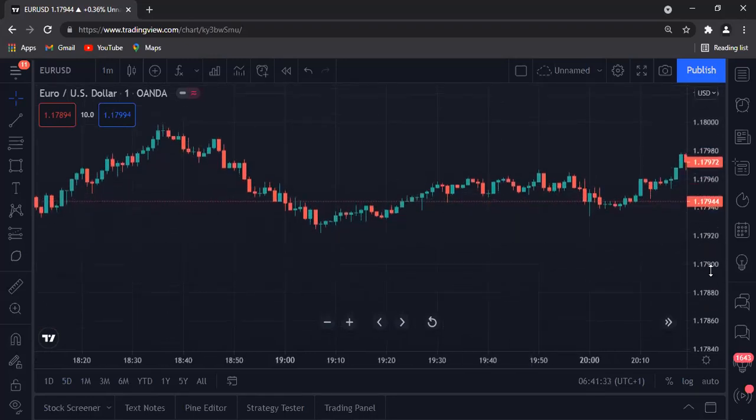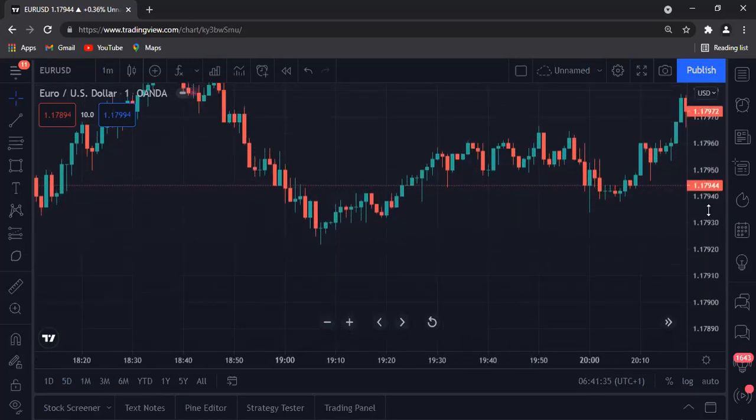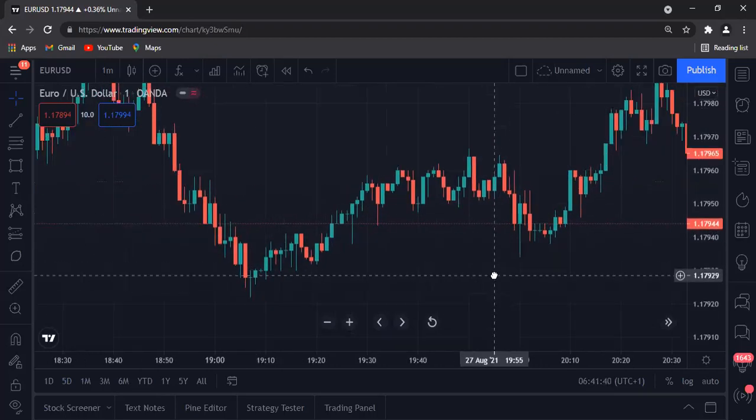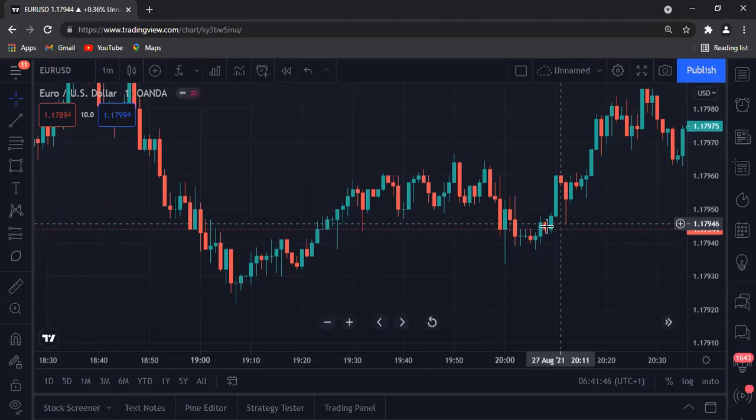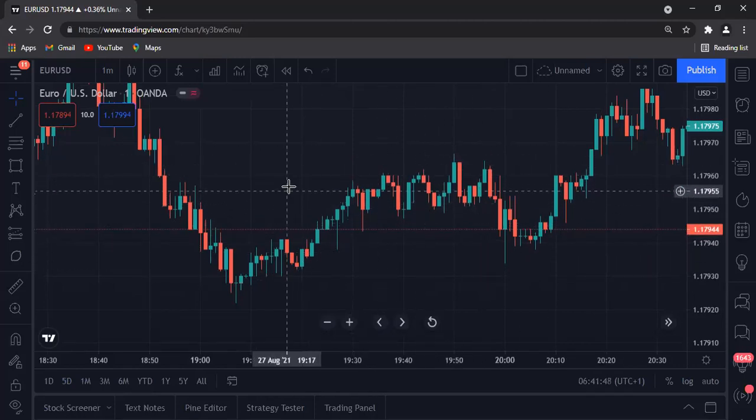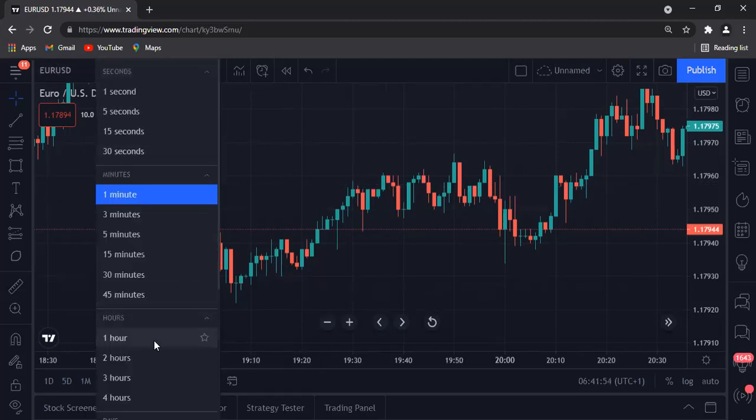Sixty of these 1 minute candles would make one 1 hour candle, because this is a 1 minute candle.